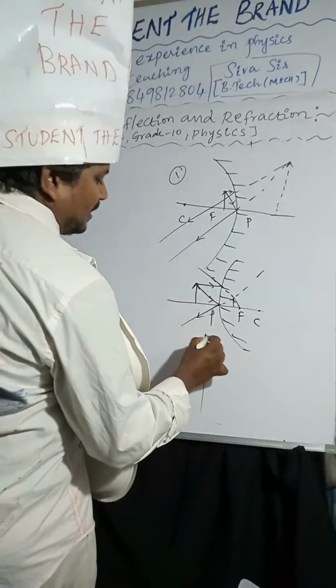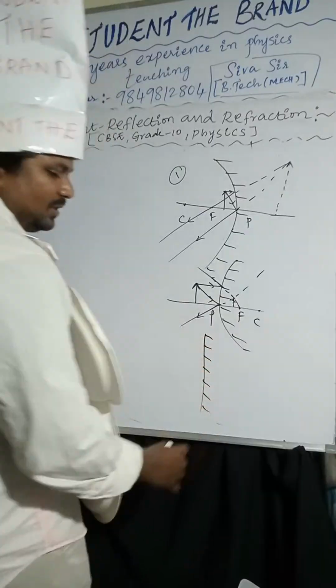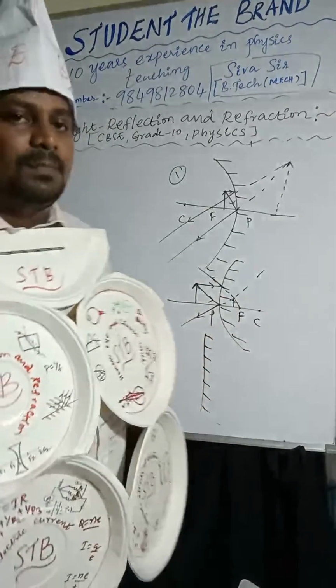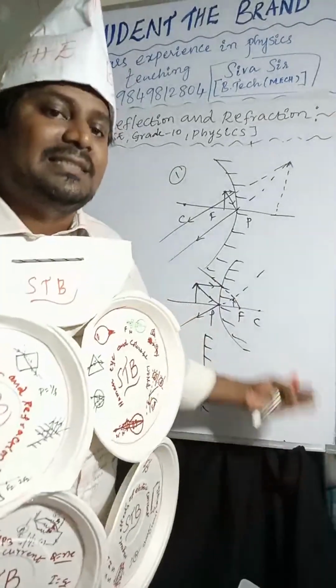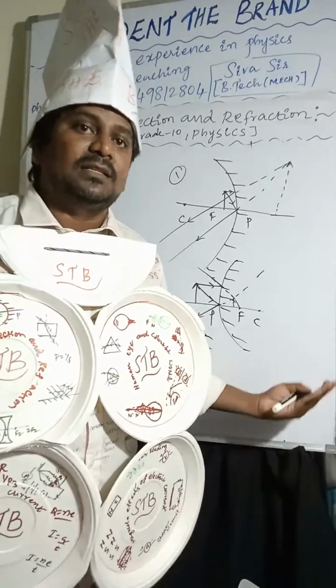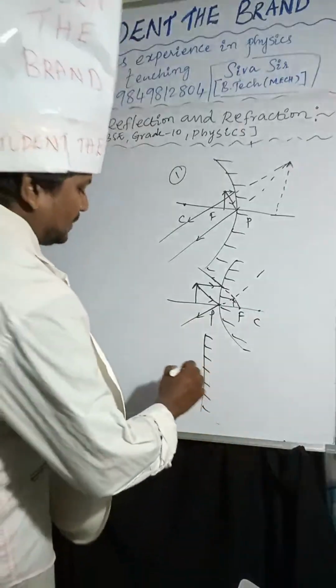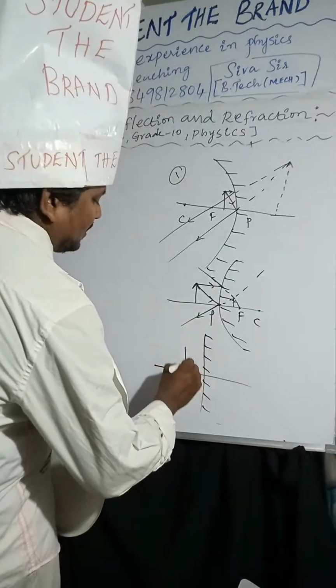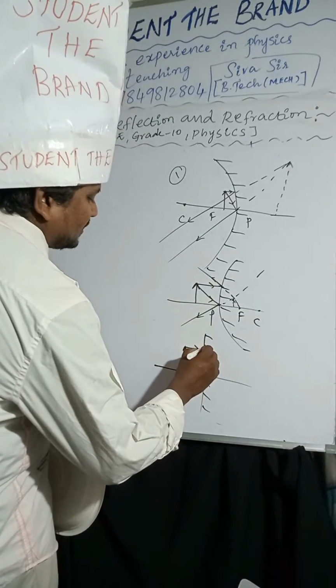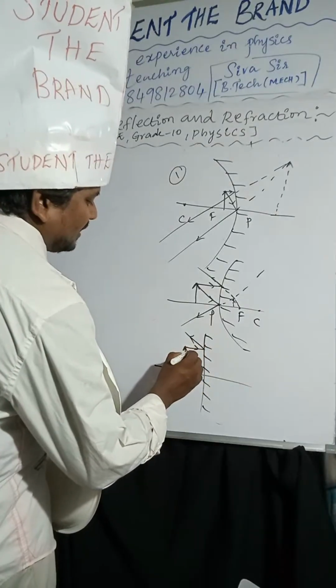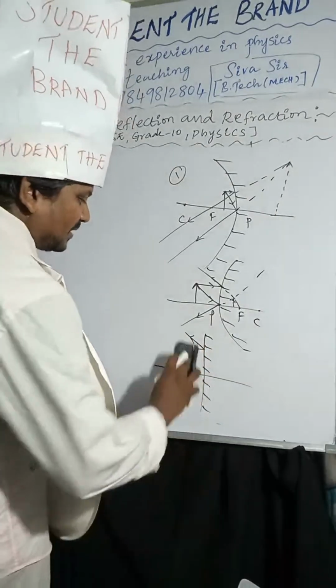Whereas in the plane mirror, a virtual, erect image of the same size will form. I am taking the plane mirror here and considering the object here. One light ray I am taking like this, another light ray reflects in the same direction.